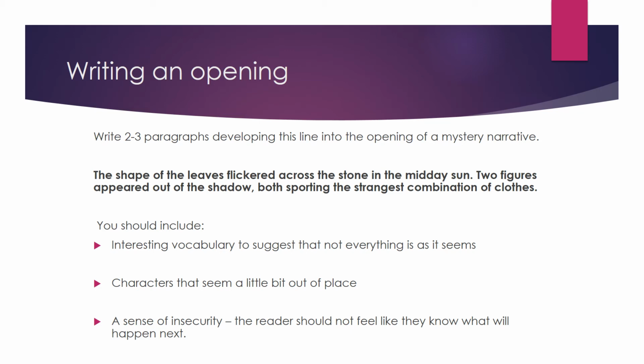I've already given you 2 characters, but it is up to you who they are, what they're doing there, what they're wearing, what they want out of this situation. That is entirely up to you. And finally, try and create a sense of insecurity. So as a reader, we should feel like we don't really know what's going to happen next, and we're quite unsure about who these characters are and why they're there.